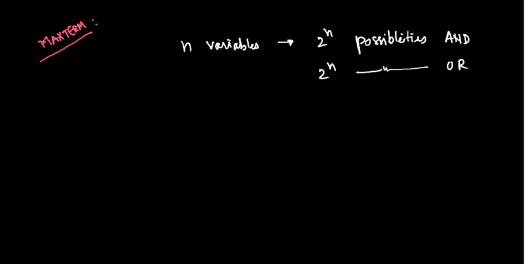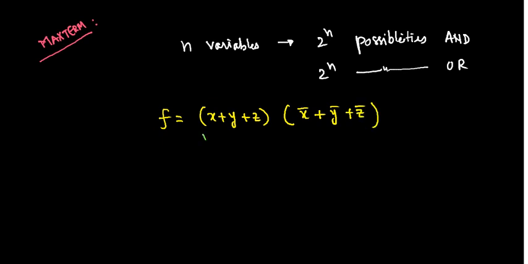To give an example, it would be F, if it is X or Y or Z, product X bar or Y bar or Z bar. These are two terms. Now it is a product of sums. It's the reverse way around. It's a product of sums, meaning first take the sum and then the product of sums.